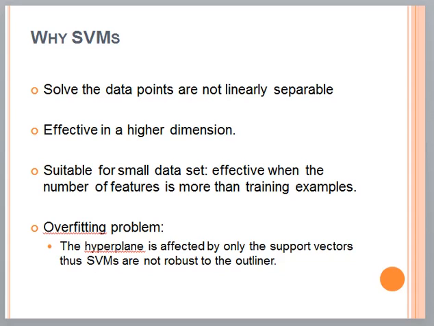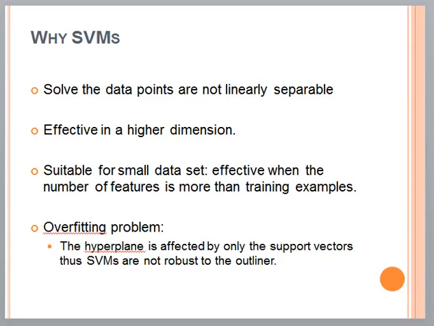Also, if we talk about the overfitting problem, I hope you remember what an overfitting problem is: our algorithm gives good performance on the training data set, but when it comes to the unseen data set or the test data set, our algorithm starts dropping its accuracy, and then we say that it is overfitting.